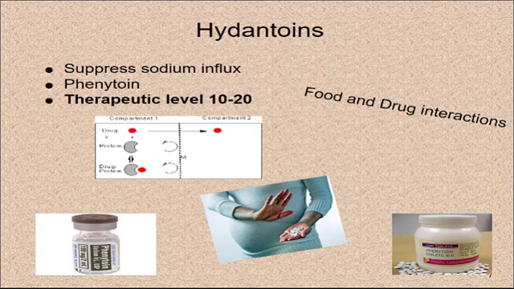Some of the interactions, well, you can look at a lot of, in this class, not just phenytoin, hydantoins have interactions. So almost all in this class have an interaction, and they have interactions with other anticonvulsants. Main drug interactions are with cimetidine, INH, sulfonamides.